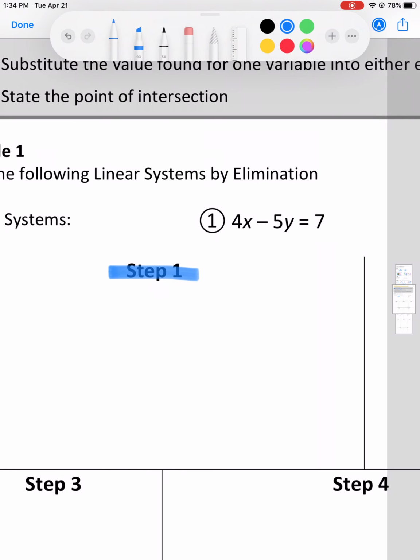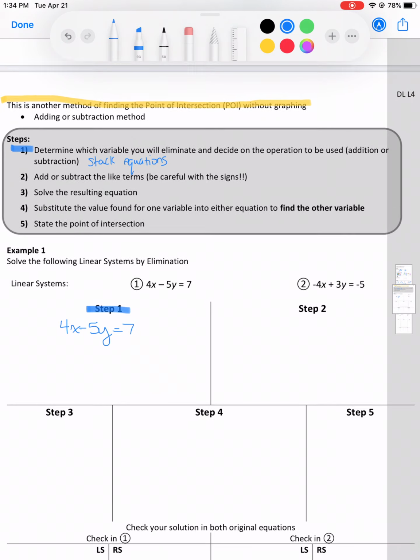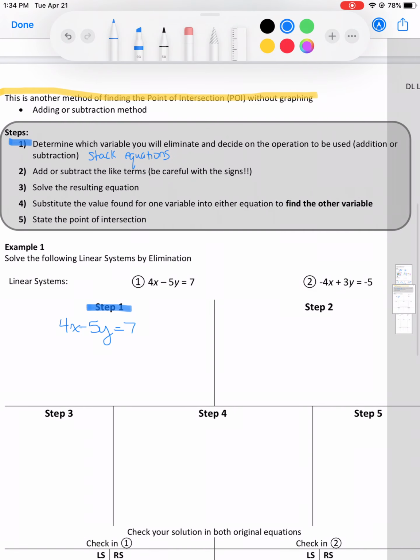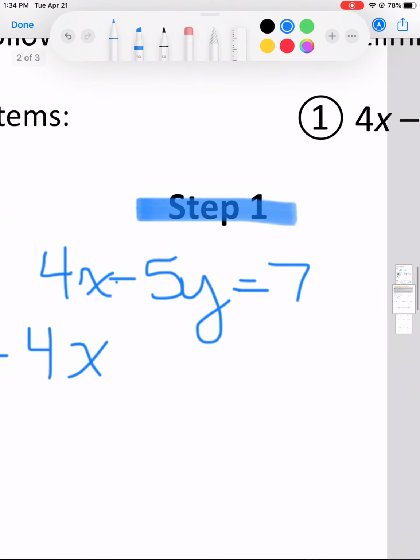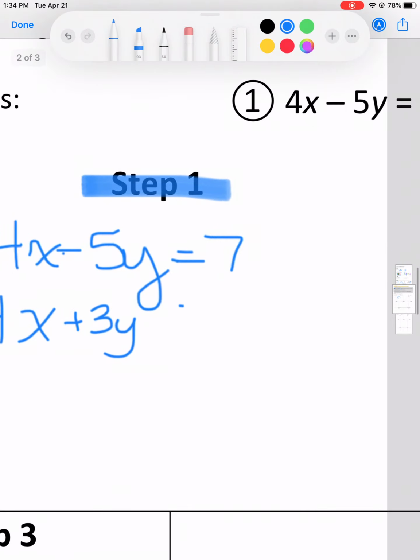You can do 1 on 2 or 2 on 1. 4x minus 5y is equal to 7. The only thing that matters is that your x's and y's are lined up. The next one is negative 4x plus 3y equals negative 5.